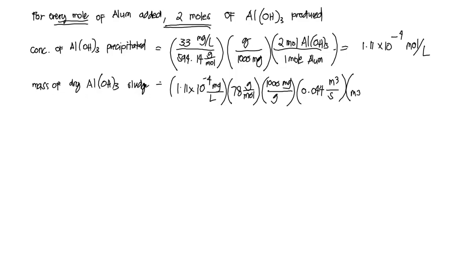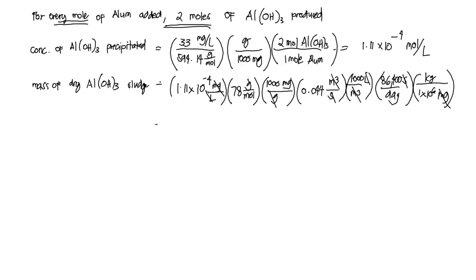So 1 cubic meter is equivalent to 1,000 liters, and 1 day is equivalent to 86,400 seconds. A last conversion is milligrams into kilograms, so 1 times 10 raised to the 6th power milligrams is equivalent to 1 kilogram. Okay, so cancel everything here.